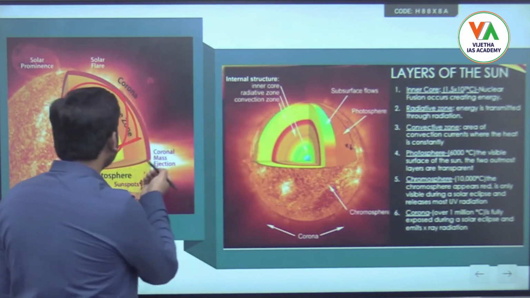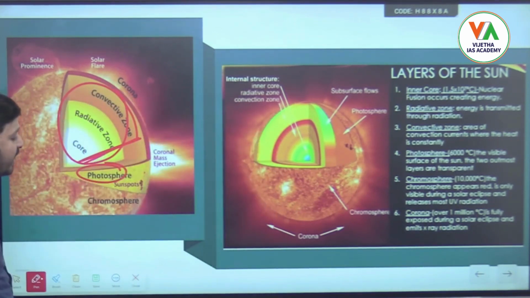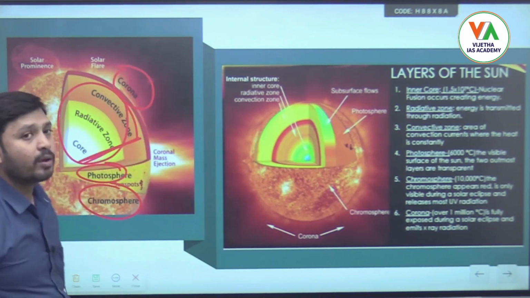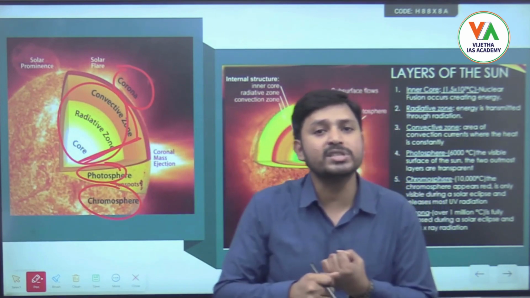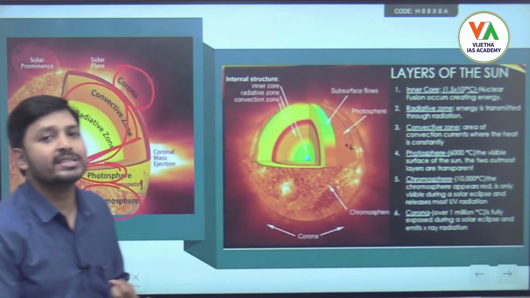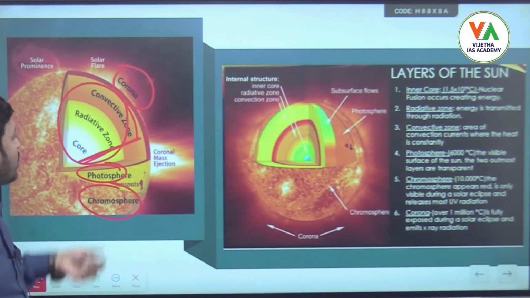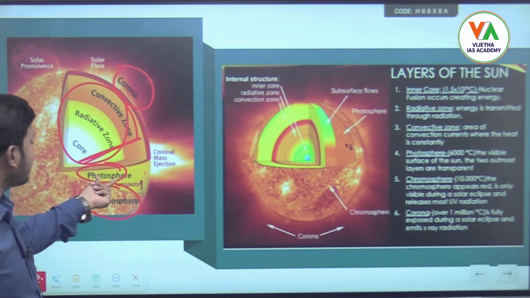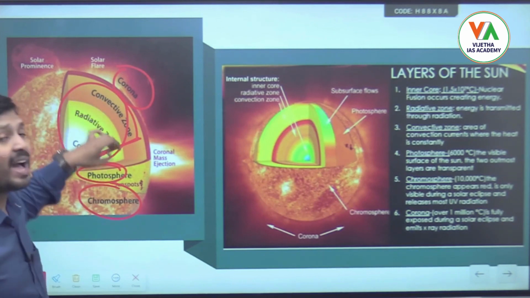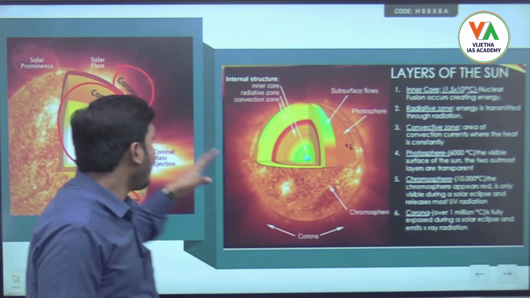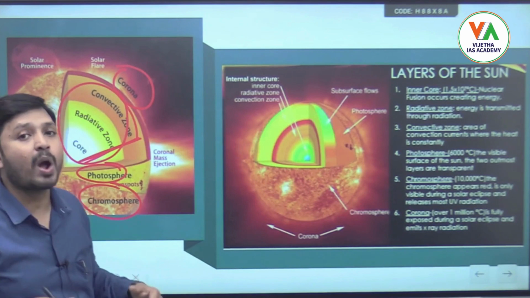And the photosphere, the chromosphere, and the last one, the corona, are the outer layers. From the innermost, the first is the core, the second is the radiative zone, the third is the convective zone, and then the photosphere, chromosphere and corona. So these three are inner layers, and the other three are outer layers.